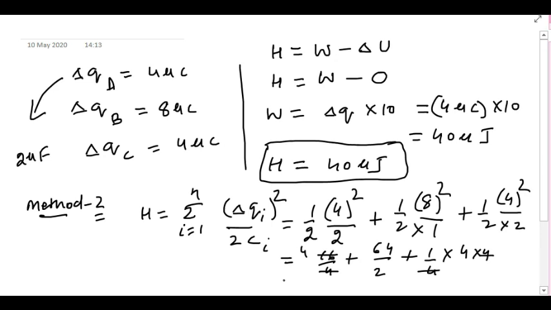So we have the final result 4 plus, and this is 32. So 4 plus 32 plus 4, which is equal to 40, but 1 micro will be left with the calculation, so that is 40 microjoule.